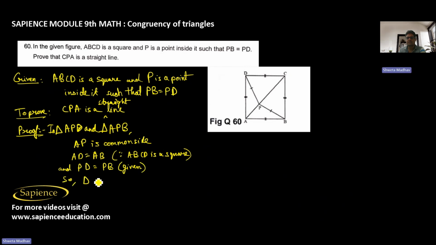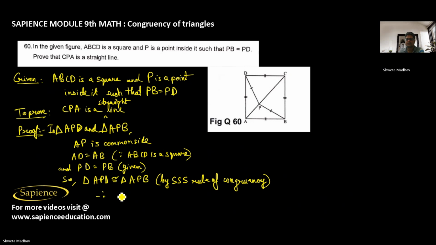So therefore, I can say that triangle APD is congruent to triangle APB by the SSS rule of congruency, since all three sides are equal in these two triangles. So therefore, angle APD is equal to angle APB by CPCT.